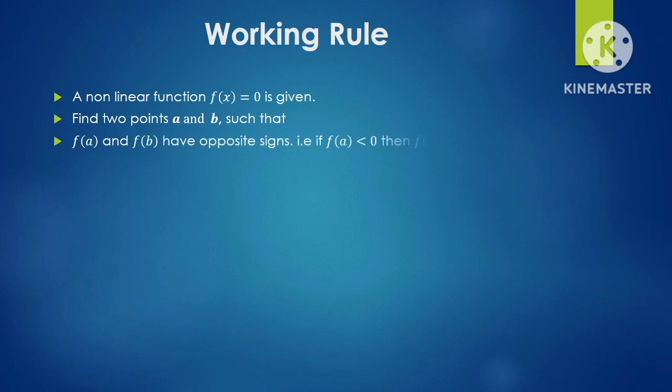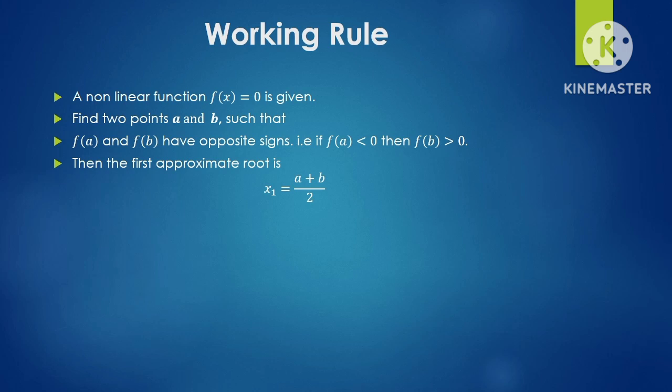That is, if f(a) is less than 0, then f(b) should be greater than 0. Then the first approximate root is given by x1 = (a + b)/2, that's the average of the 2 points a and b.